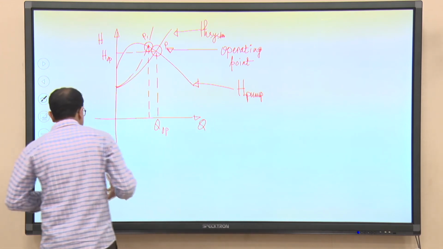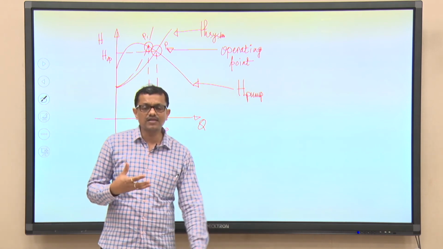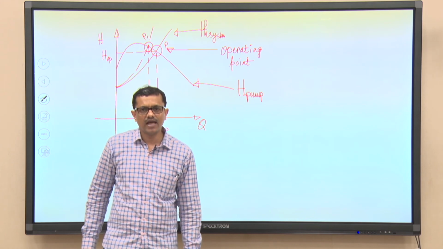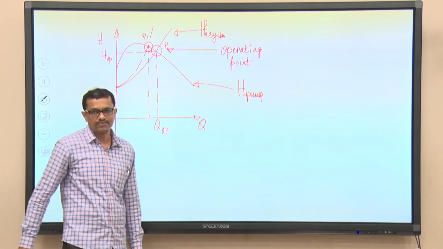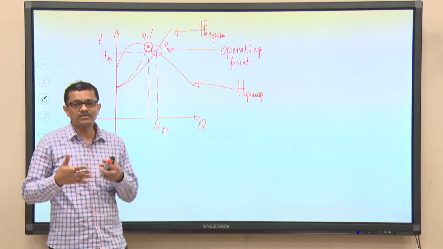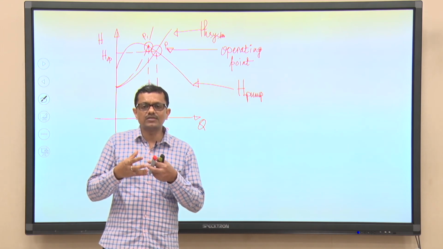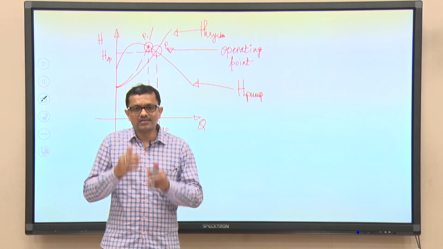Now, this is a natural tendency of all systems, that the system will try to have least resistance for its operation, and of course, the pumping station is not an exceptional event from that perspective. So, any system will always try to run with the least system resistance.